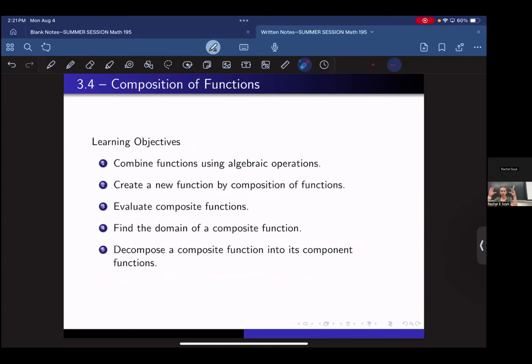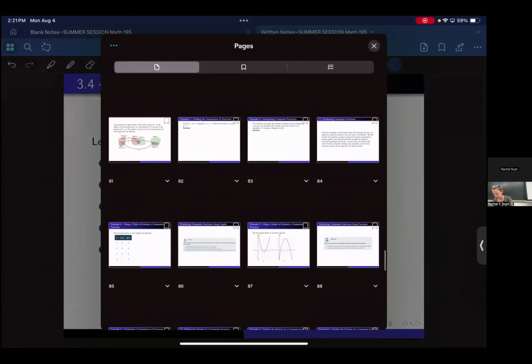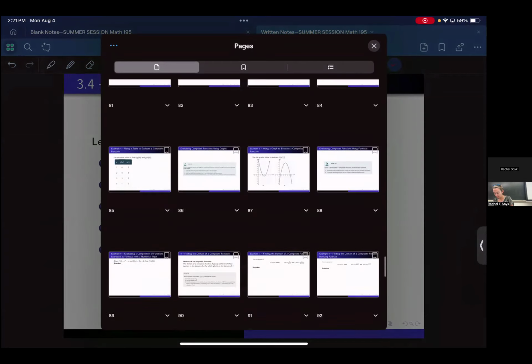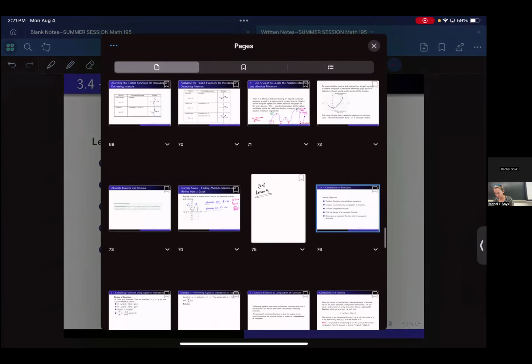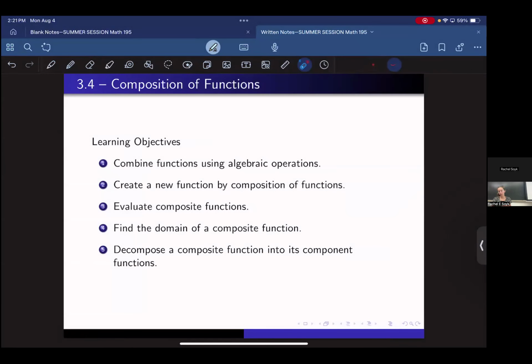So you see this big function and breaking it up into 2 or 3 or 4 smaller functions. I believe there are about 18 slides in this section before we jump into our transformation of functions. So let's jump into it.